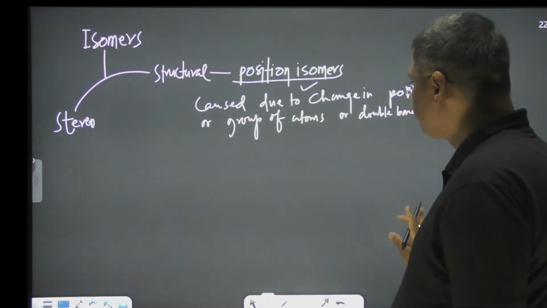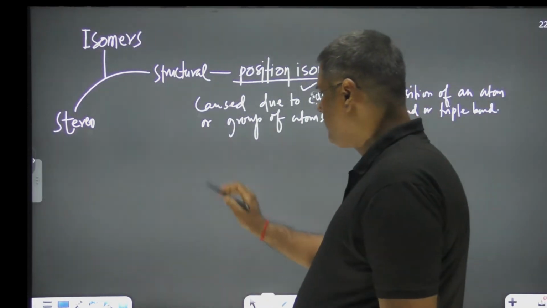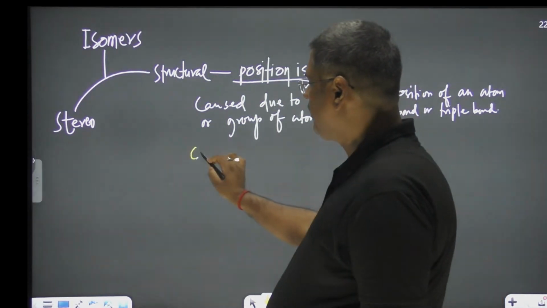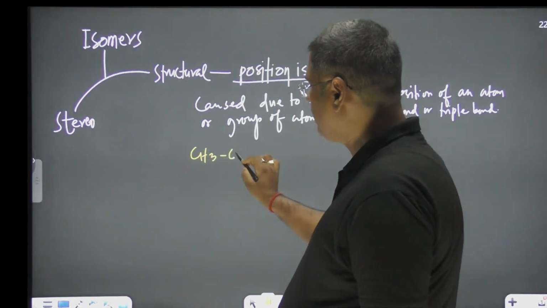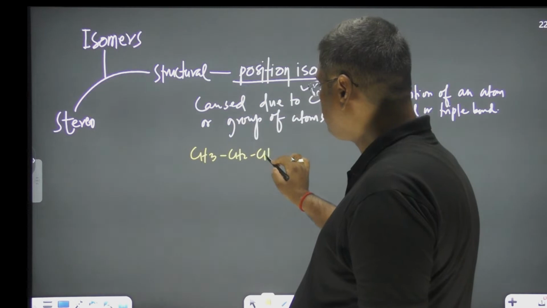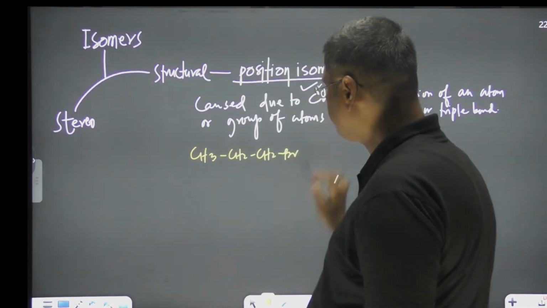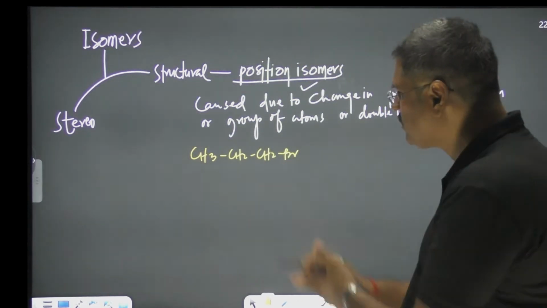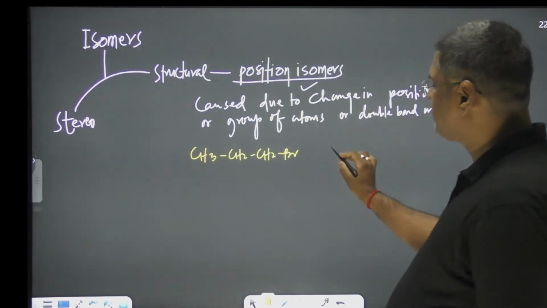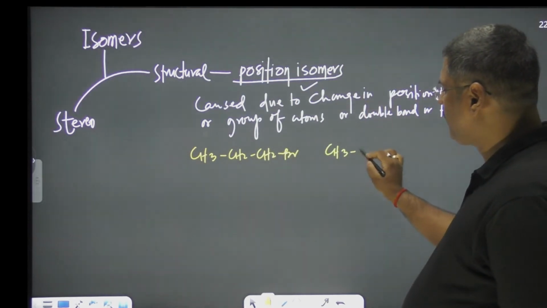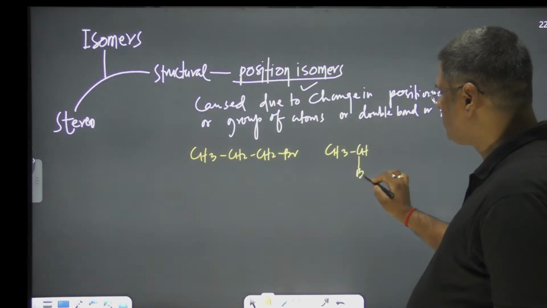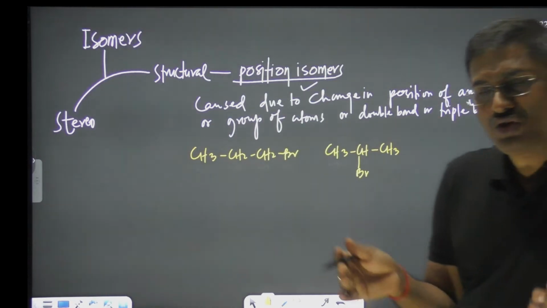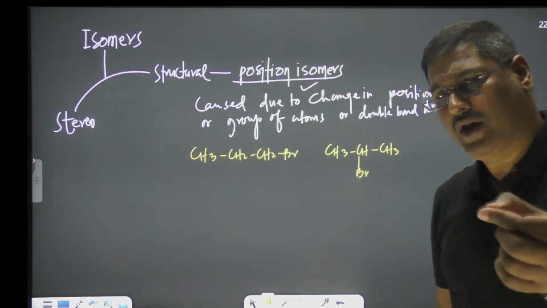First, if I say CH3, CH2, CH2Br, yes, 1-bromopropane, and if this Br changes its place and that becomes 2-bromopropane, here the change in connectivity of atoms appears as a change in position of an atom, Br.